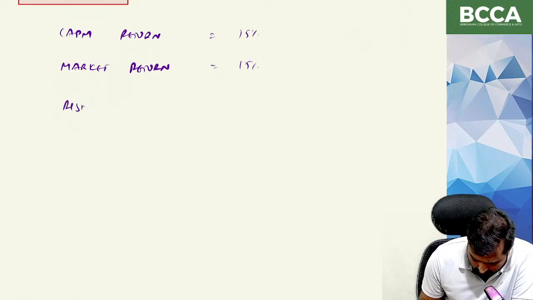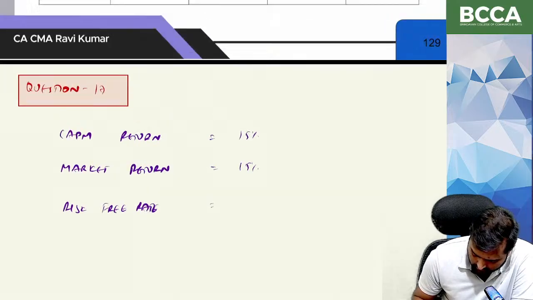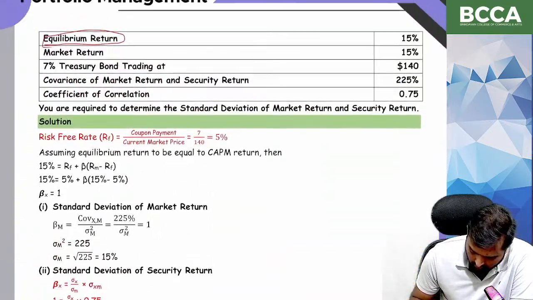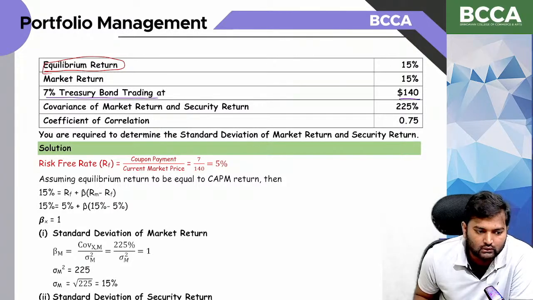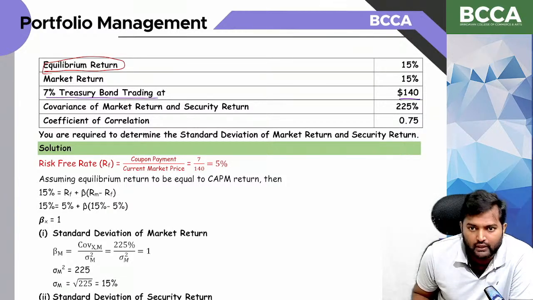And risk free rate. Just be careful with risk free rate, because 7% treasury bond trading at $140. So we can take two assumptions.